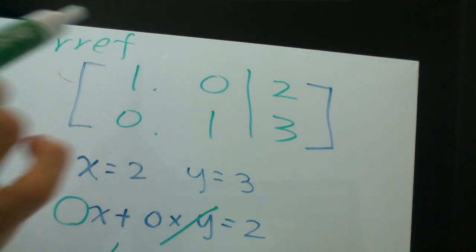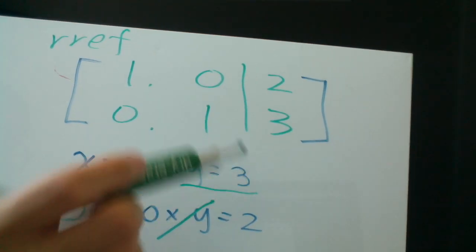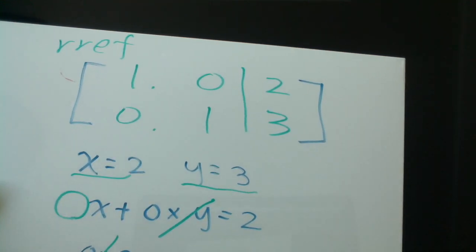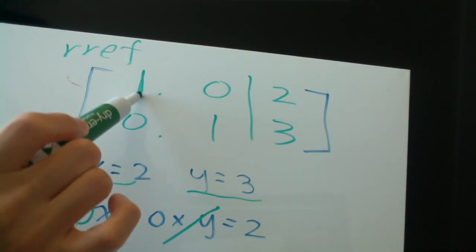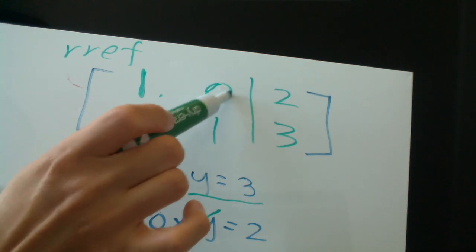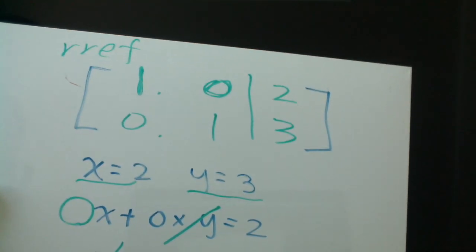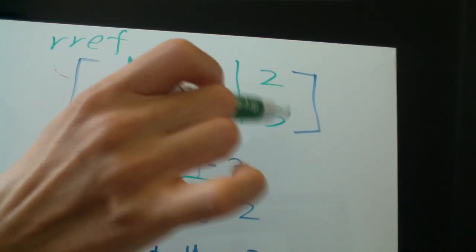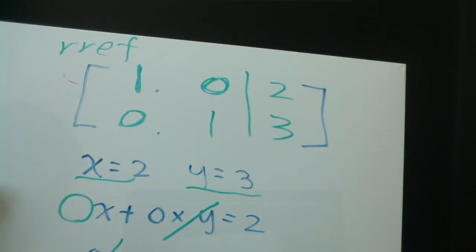It means the answer of the question is x equals 2, y equals 3. So you have to have 1 for x and 0 for y and some number, and 0 for x and 1 for y and some number, if you have a solution.